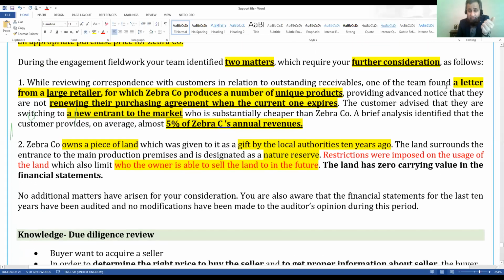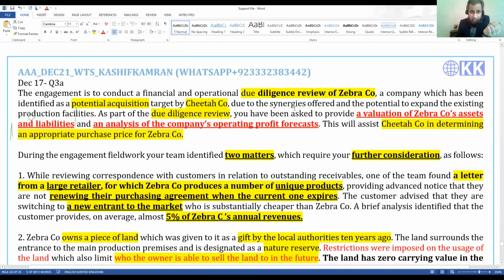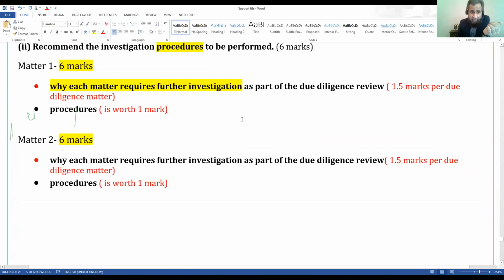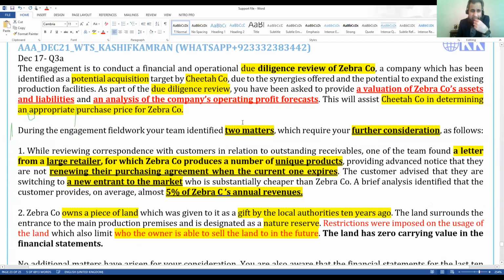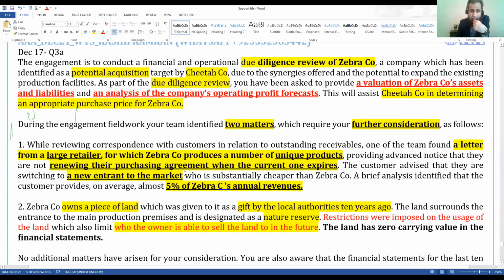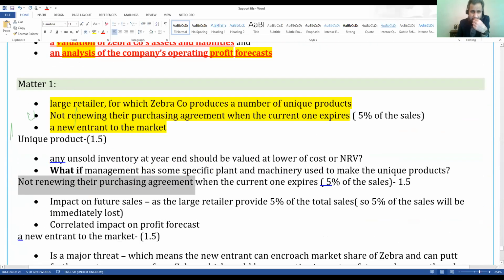That means you've already reviewed a letter, because I think the question was telling us that, and the new entrant to the market. So the letter was reviewed already. So that couldn't be a procedure, because you found a letter and from the letter you found this. So I think if any student writes review the letter, it would be wrong.